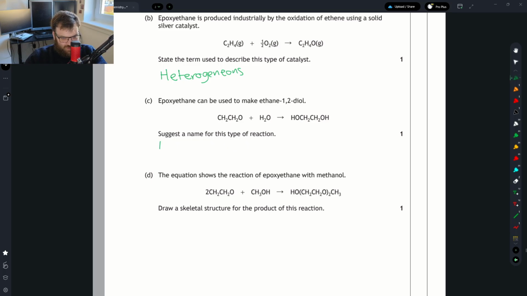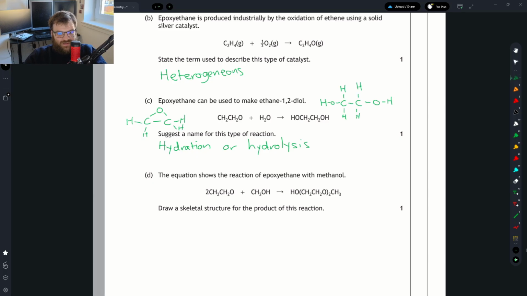In this one, we're adding water, which perhaps could be something like a hydration reaction, depending on the makeup of the original chemical. Another option perhaps would be something like a hydrolysis. Now, in terms of this chemical, epoxy, if I remember correctly, the one where you'd have your 2 carbons joined up to an oxygen, something like that, and then over here we've now got 2 hydroxyl groups.